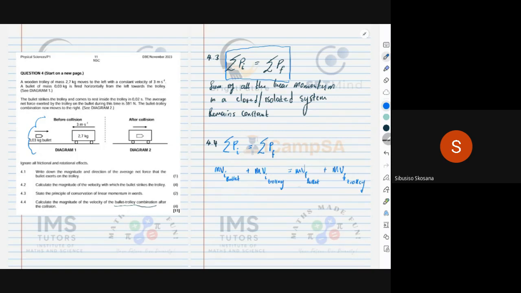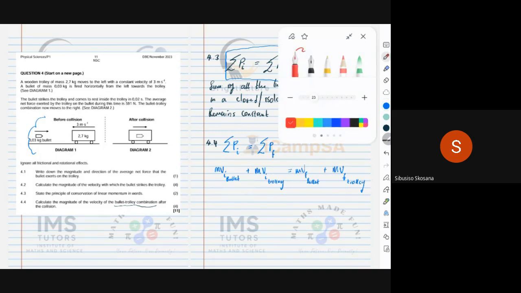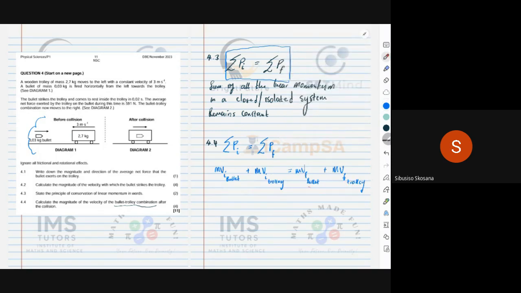Now, in this part here, we know that the bullet and trolley are combined, so we can combine the mass. The v f bullet and v f trolley should be the same, because now it's one thing.